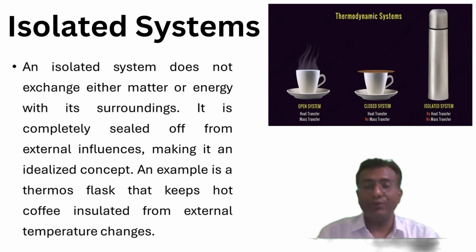Since there is no heat interaction, no heat enters or leaves the thermos, and also there is no exchange of matter. Although perfectly isolated systems do not exist in reality, a well-insulated thermos is the closest example of a practical isolated system.